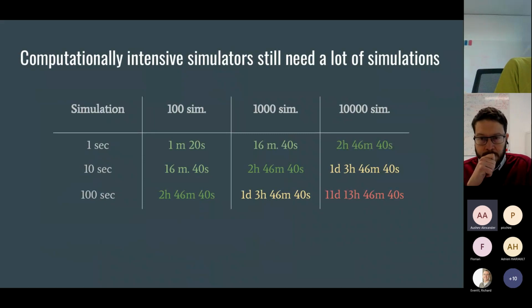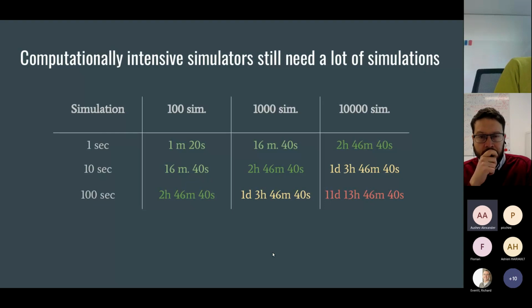Since we will be talking about computationally intensive simulators, I need to spend a few minutes here. Computationally intensive simulators do not necessarily require 1 hour or 1 day for a single simulation. It's usually a trade-off between how many simulations you want to make and the time of one simulation.